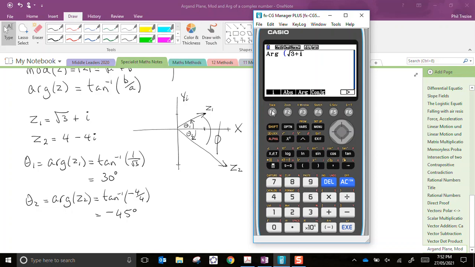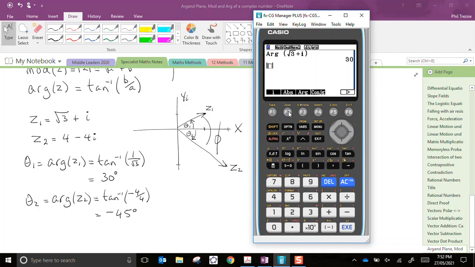I'm still under the square root sign, silly me. Root 3, try again, plus i. And look at that, it's 30 degrees like we thought.